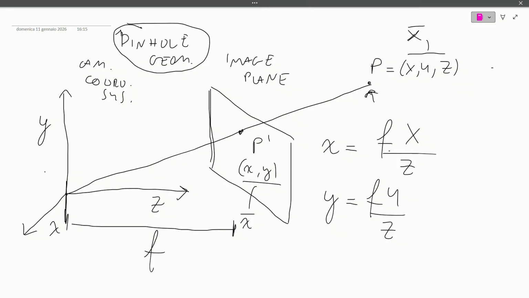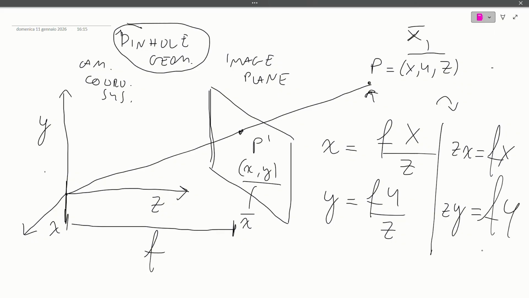So saying that small x is equal to f multiplied by big X divided by z is like saying that z x is equal to f X and z y is equal to f Y. Now, we can pass from the coordinates that we have seen to homogeneous coordinates.